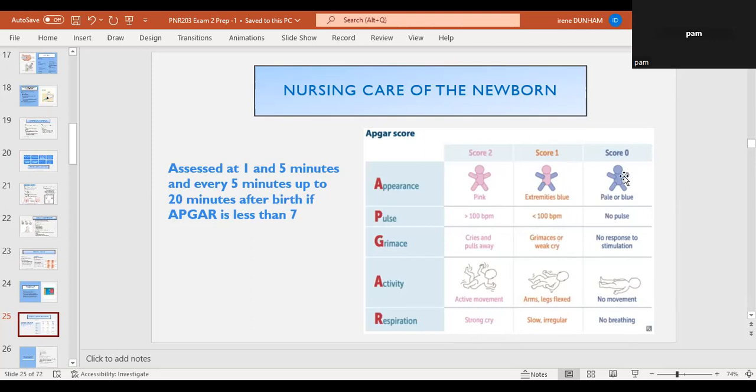So for the score of 0 on this last baby, you would be doing full measure resuscitation efforts. Okay, full measure. On the score of 1, he just needs a moderate amount. A little stimulation, maybe slap that foot a little harder, and bring him around.